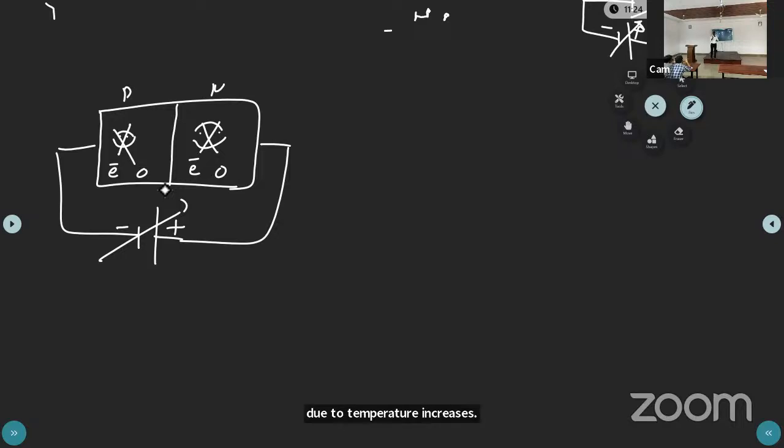Due to that break of covalent bonds, the free electron and hole pairs are generated, and here also free electron and hole pairs are generated. Electron hole pair means one covalent bond is breaking, one electron and hole can generate. That is called the electron hole pair. Pair means two. The battery we have not removed. The battery is still connected and we are applying the voltage.